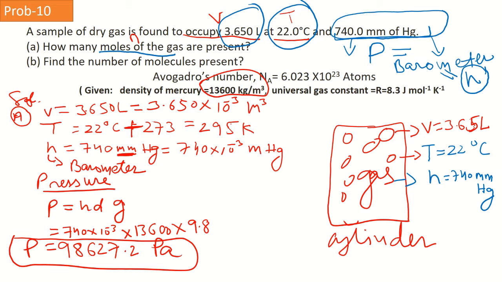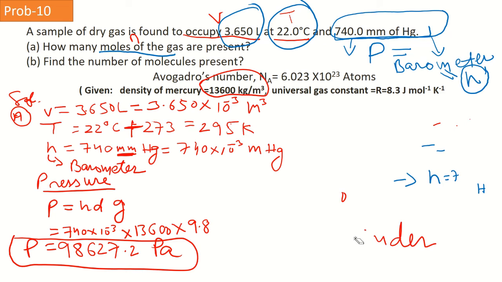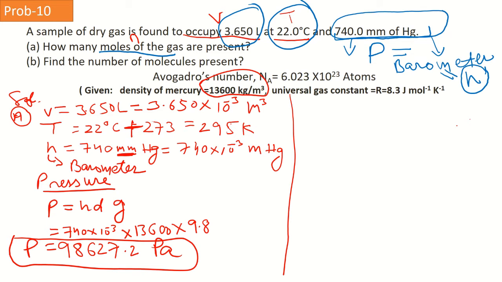For the A part, we have to find the number of molecules, and we can use the formula for this, the ideal gas law.